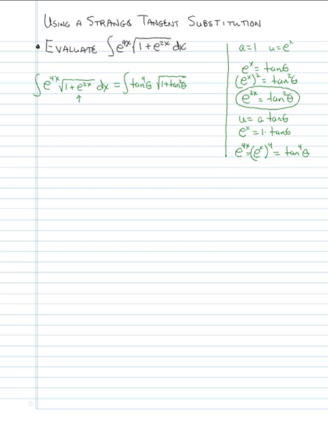I'm thinking about how I'm going to do this. Here's the only thing that I've got that relates the x and the thetas. The simplest thing I've got is that e to the x is equal to tangent of theta. So my suggestion is we take the derivative of both sides with respect to x.